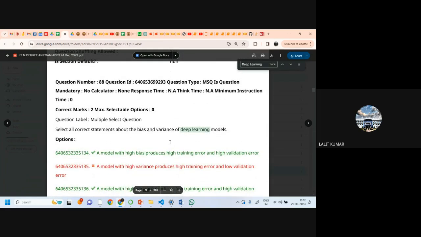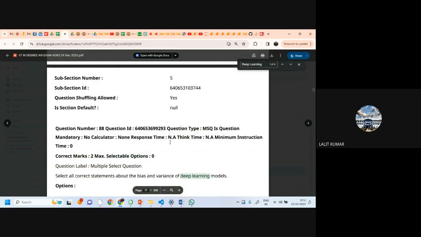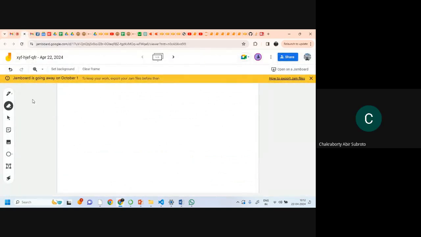Excellent. Then we come to bias and variance. So shall we revise bias and variance? If we take a simple model, it has high bias but low variance.